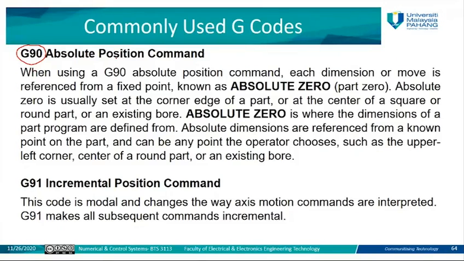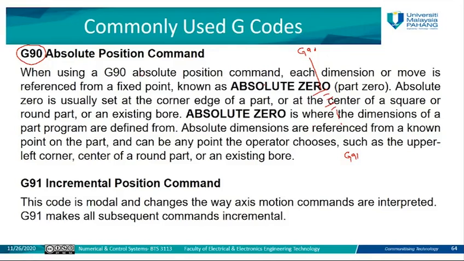If I put this command in the first line of the code, all the blocks will follow the same standard, which is absolute, until I change it with G91. If I don't change, it will just stay in G90 without any change.